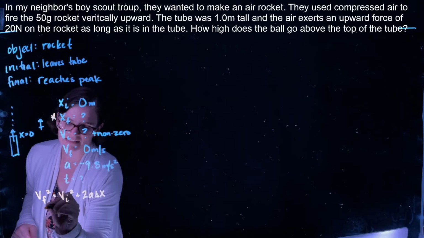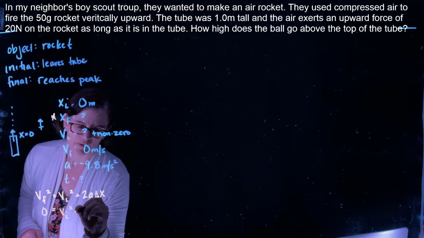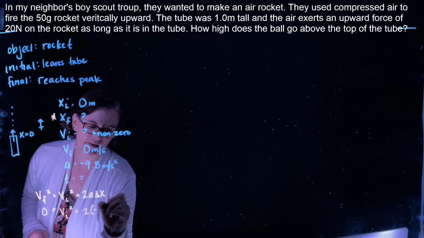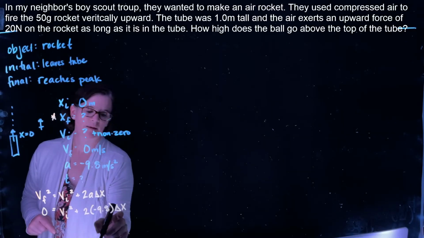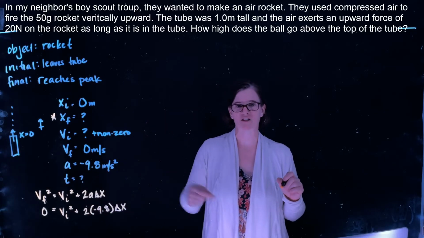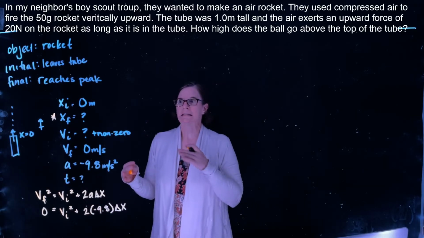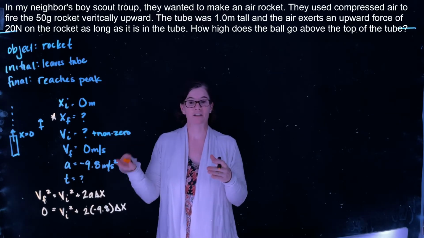V final is 0. I don't know V initial, but I do know 2 times negative 9.8, and delta x is what I'm interested in. All right, so in order to solve this, I need V initial, which means I need to know the speed of that rocket as it leaves the tube.